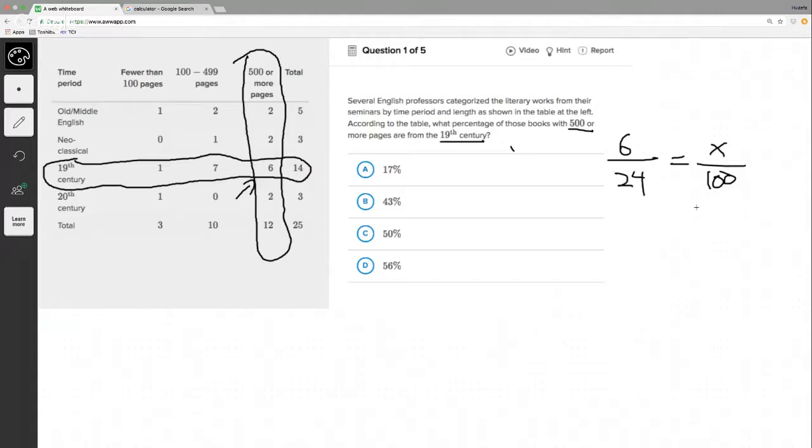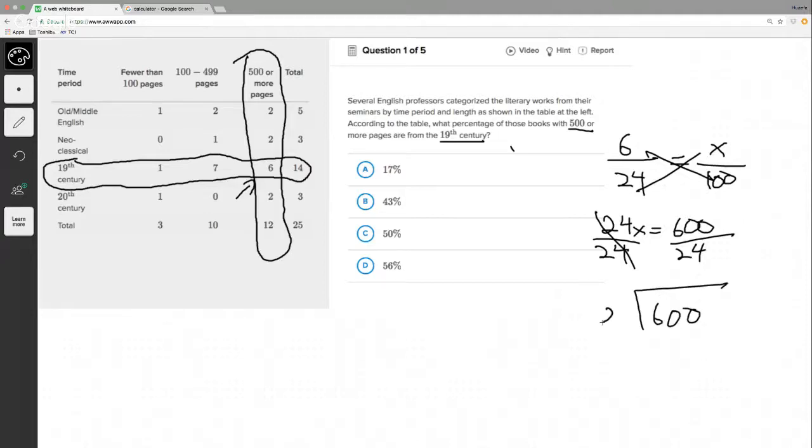We can do cross multiplication, so it's 24x equals 600. We divide both sides by 24. I believe it's 25. Okay, let's just try it out anyway. 600, 24 goes in twice, 48, 12, 0, and 5 times 24 is 120.